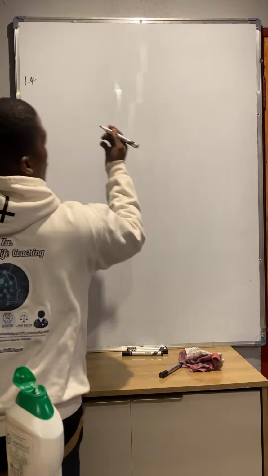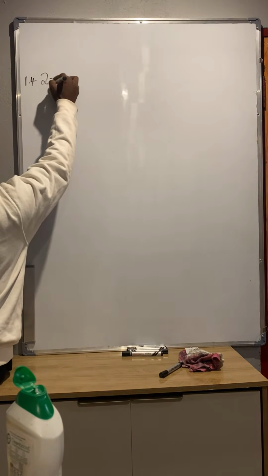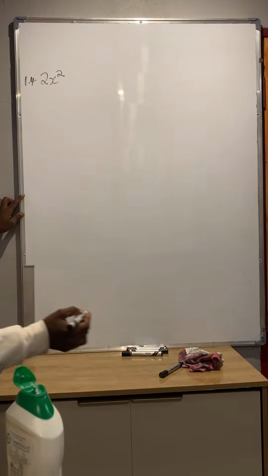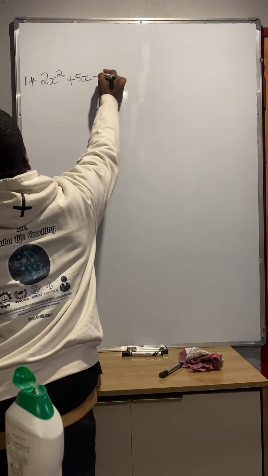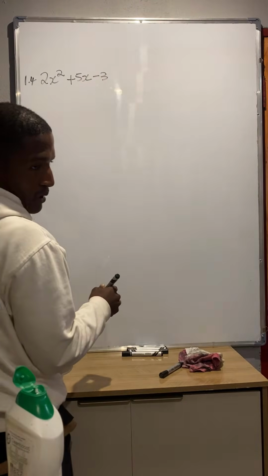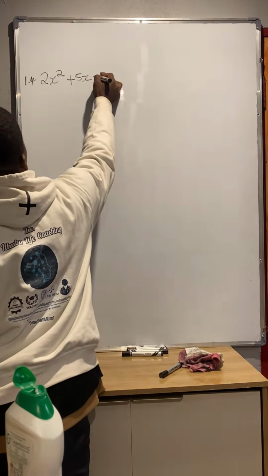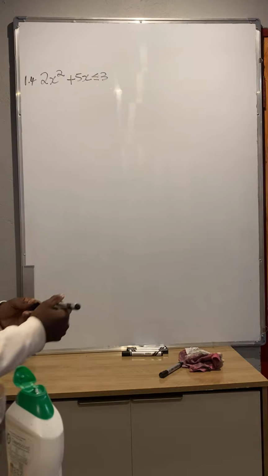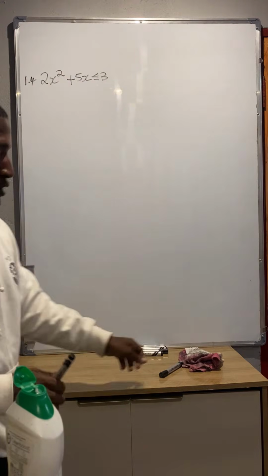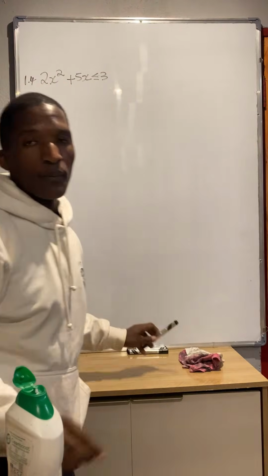Okay, so it's actually 2x squared plus 5x minus 3 less than or equal to 0. Okay, family, so these are the sets of my inequality.